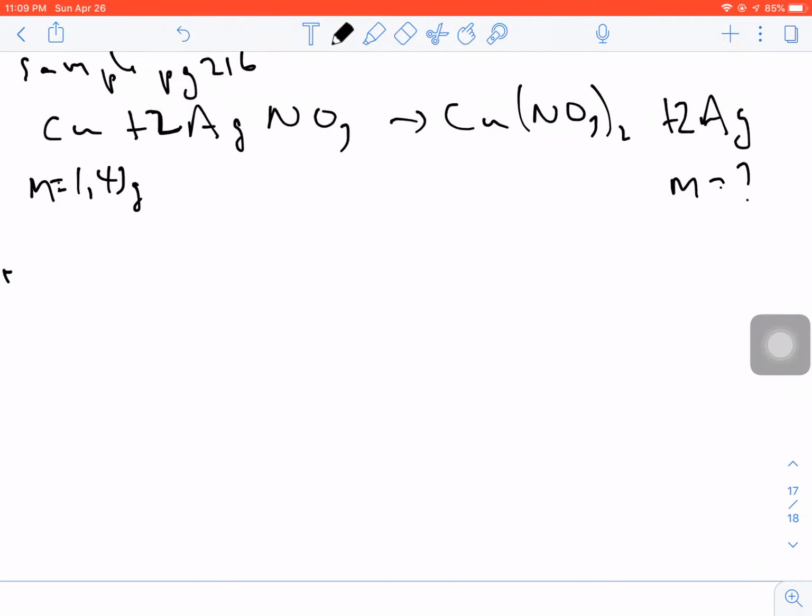To do that, I'm going to say the number of moles is equal to the mass divided by the molar mass. The mass is 1.43 grams, and my molar mass for copper is 63.55. So my number of moles here is 0.0225 moles.